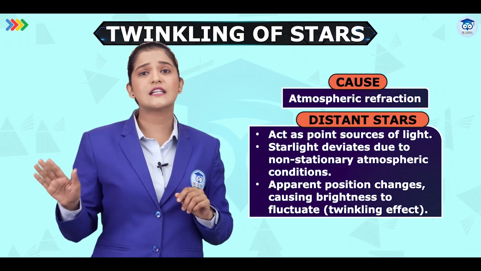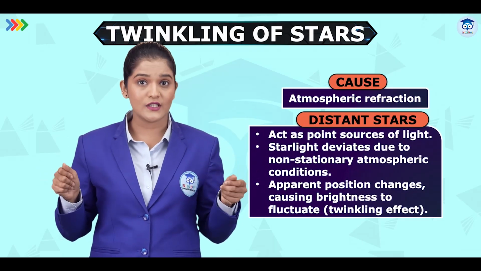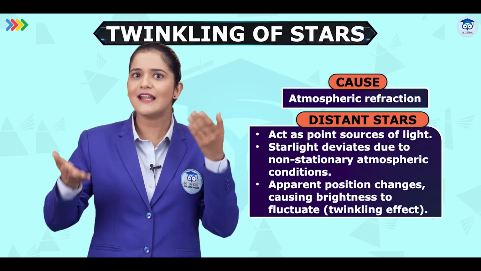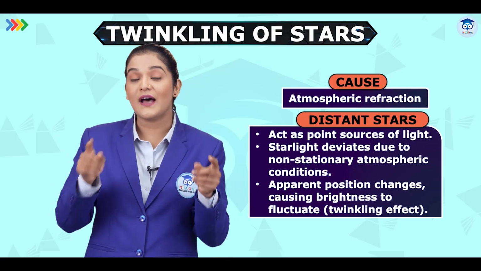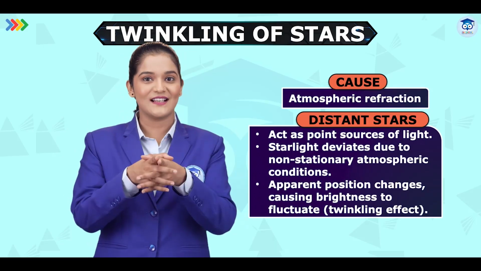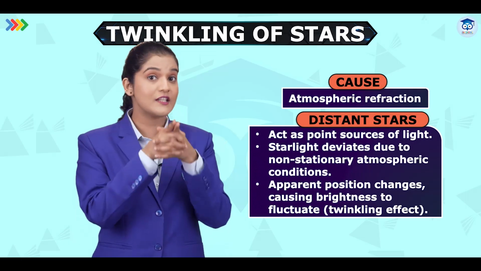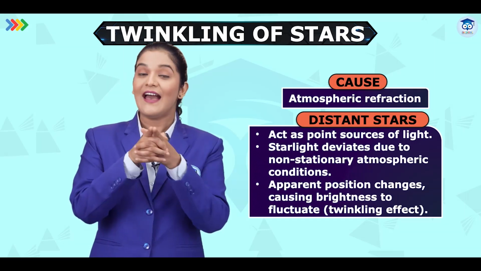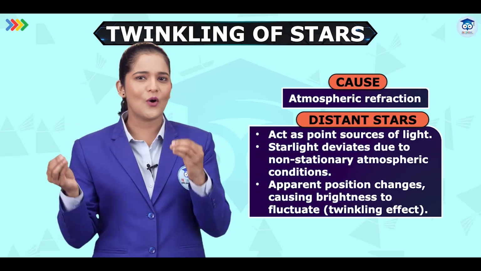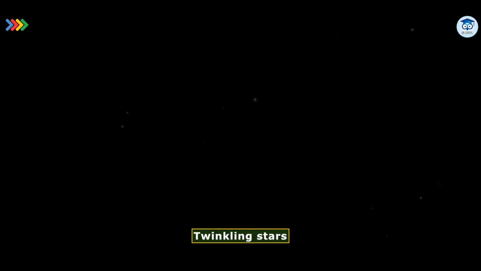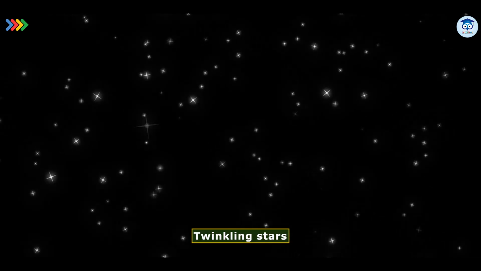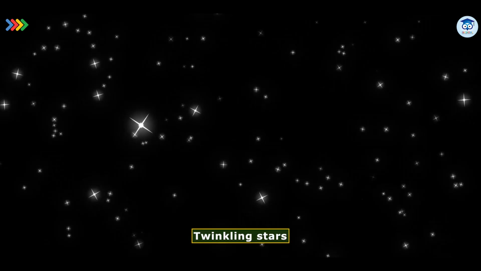Due to constantly changing atmospheric conditions such as wind, temperature fluctuations, and air movement, this path slightly shifts every moment. As a result, the apparent position of the star keeps changing, and this causes its brightness to fluctuate when observed from the ground. This variation in brightness and position creates the effect we commonly call twinkling.